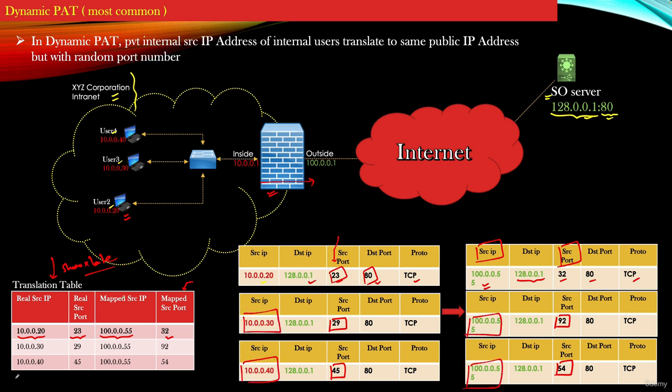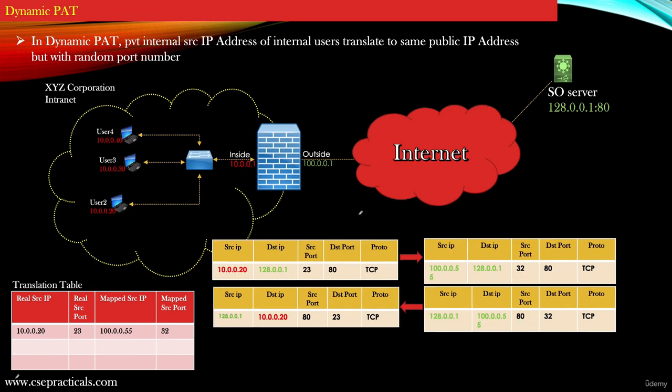And the entry in the translation table will be done for all the 3 users. So this translation table will help the firewall to translate the return traffic from the Stack Overflow server back into its original form so that the return packet could be delivered to the right user. We will see in the next slide how untranslation is performed.